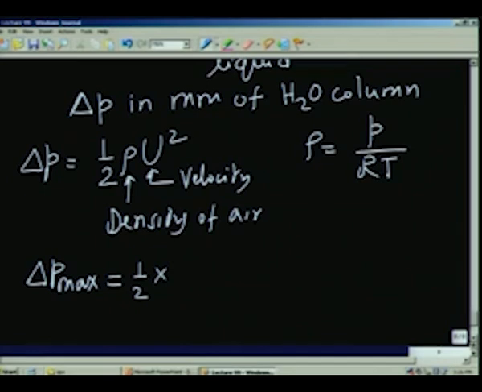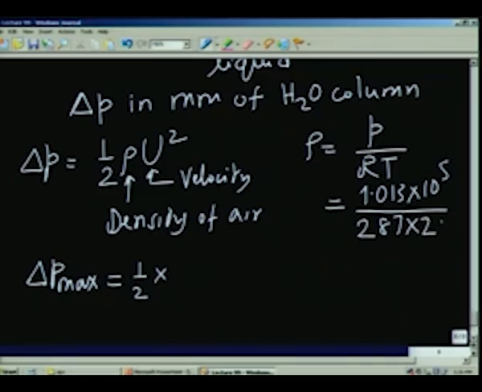the ideal gas relationship. So, P is 1 atmosphere, 1.013 into 10 to the power of 5 pascals, the value of R is 287, and temperature 273 plus 25, so I can just put the value as 298.